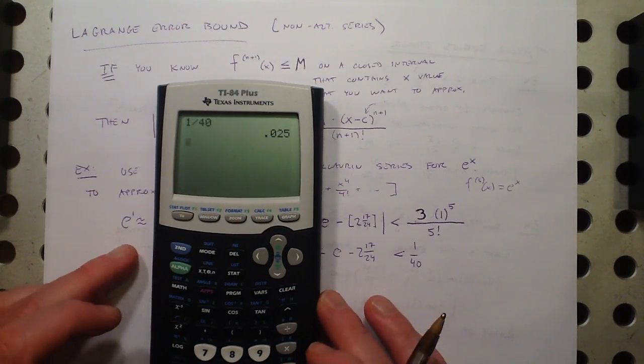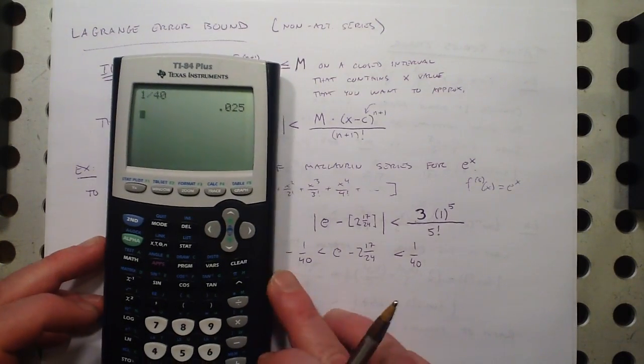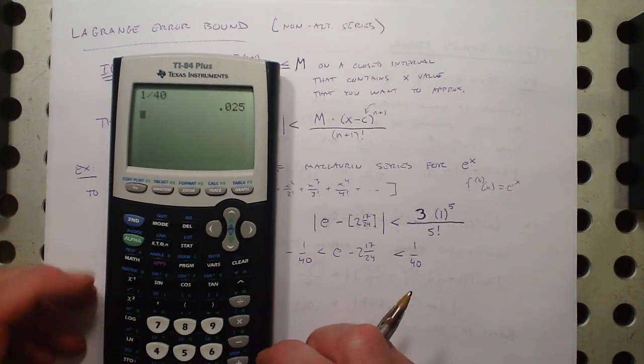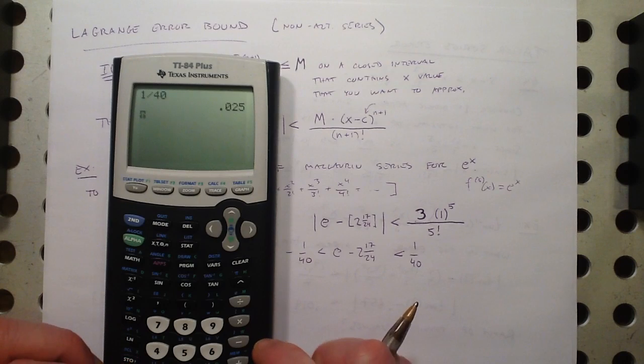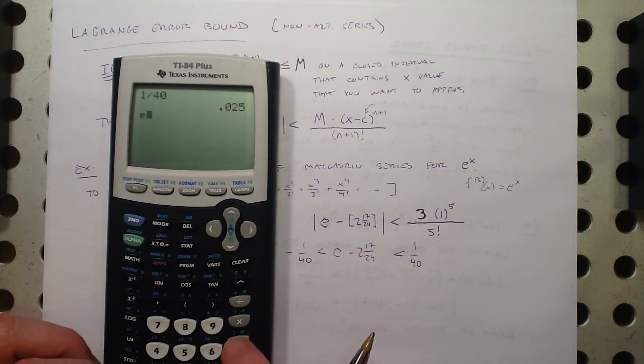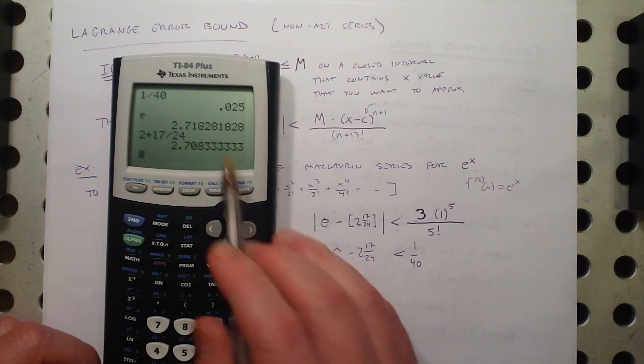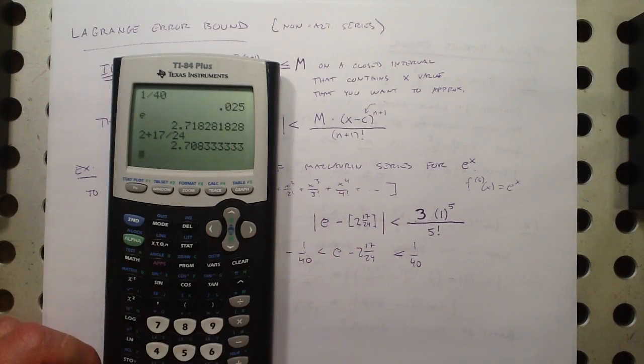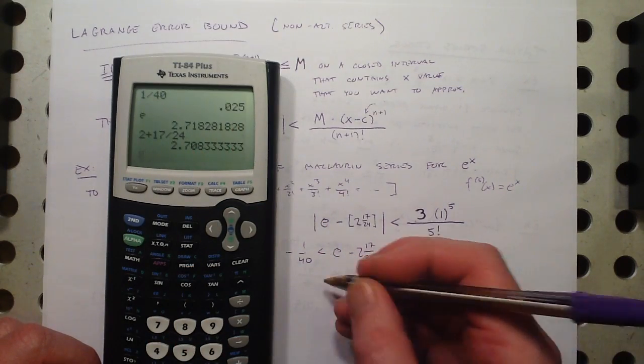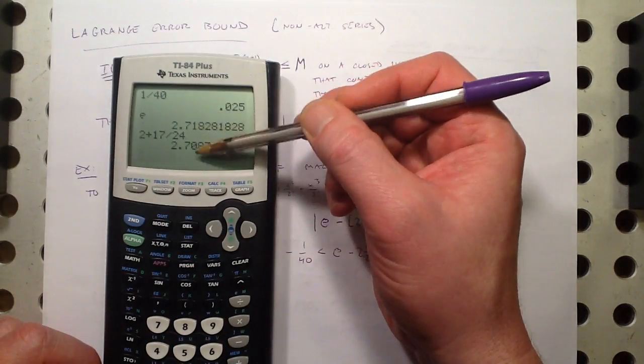Yeah. So I'm not off by more than that. So let's go ahead and check that. So e, well, e is that, right? And then 2 and 17/24 is that, right? So the difference between those is, it looks like it's about 0.01.